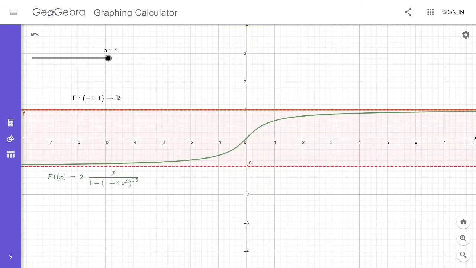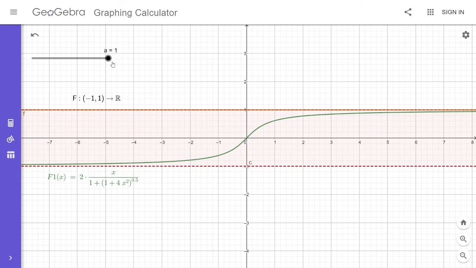The inverse of this particular function is given by f inverse of x equal to 2x divided by 1 plus the square root of 1 plus 4x square. Now, the obvious question is whether it is a bijection. It is known that if f is a bijection, f inverse will be a function and it will be a bijection.